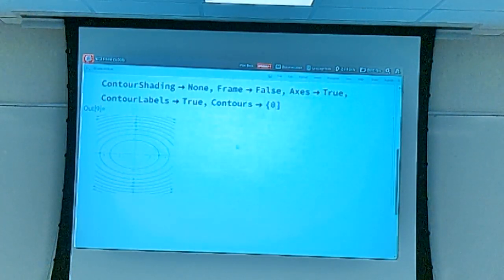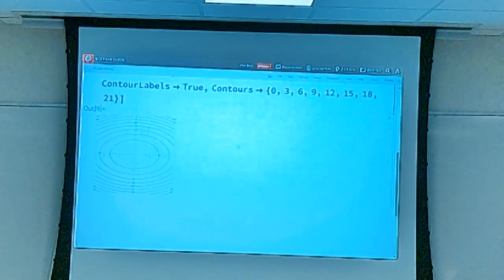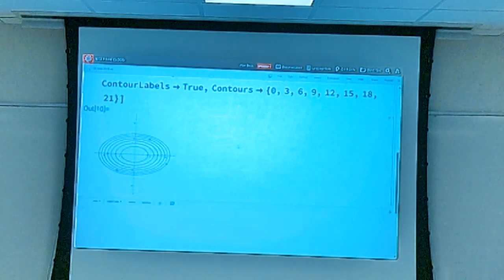That's just going to, and I'm going to do multiples of 3. That's a 21. And notice it's not actually showing 0 here, right?